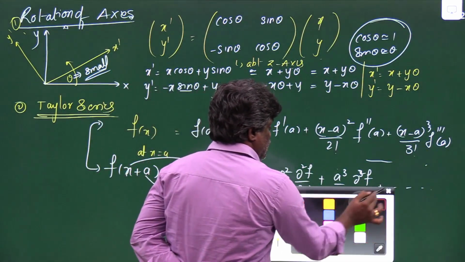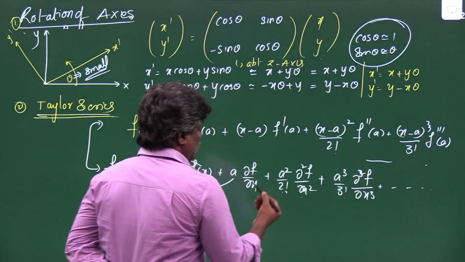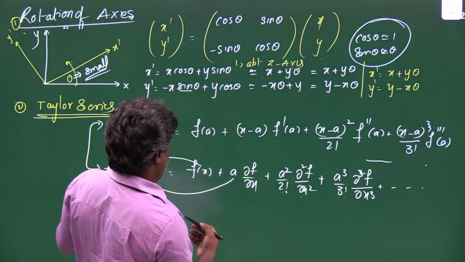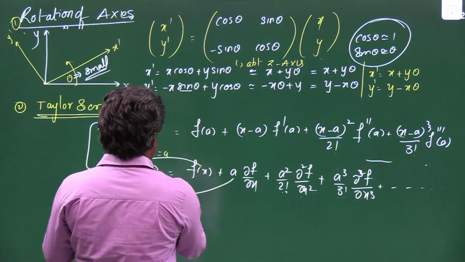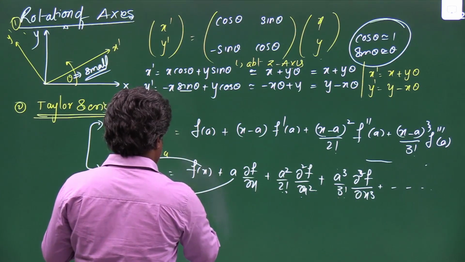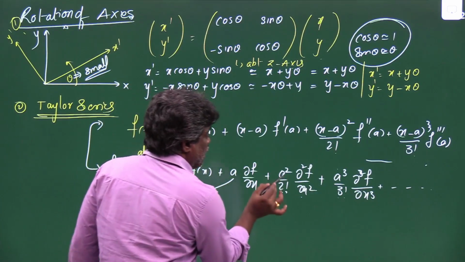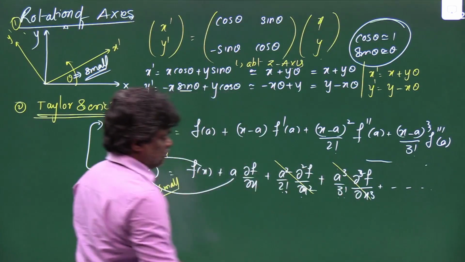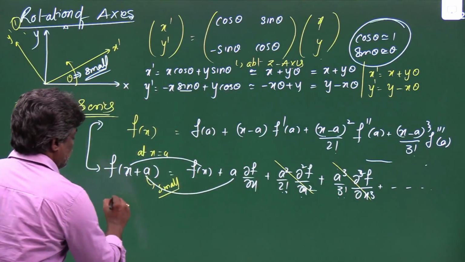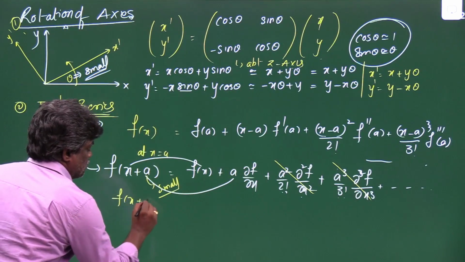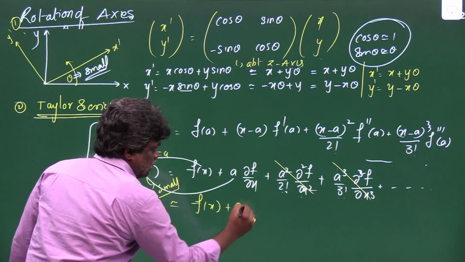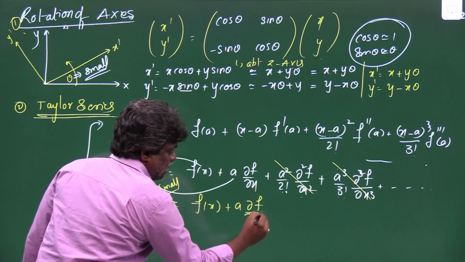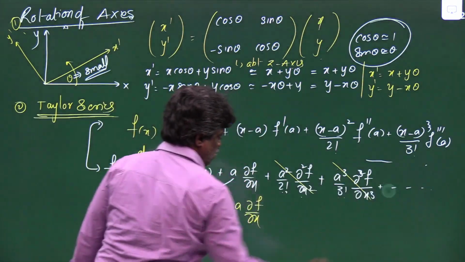But actually, what is this a? This a is very, very small, that's why higher orders are neglected. Then f of x plus a is nearly equal to f of x plus a into dou f by dou x. Is it okay?